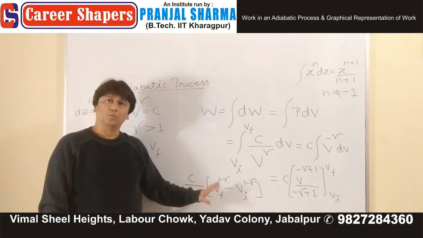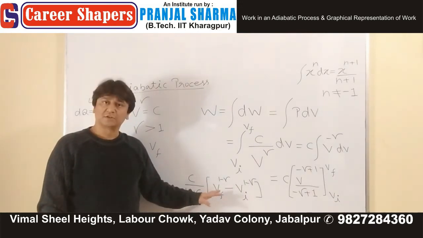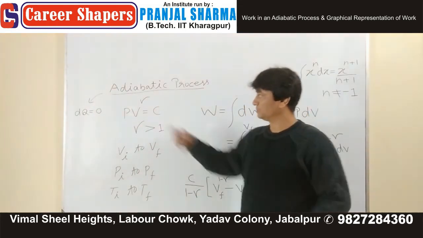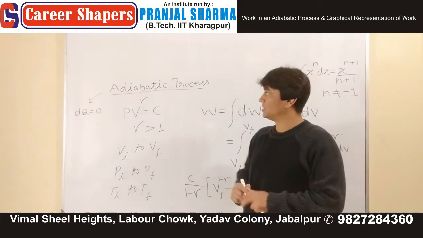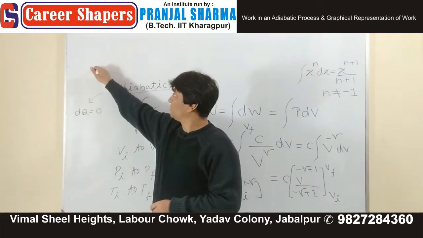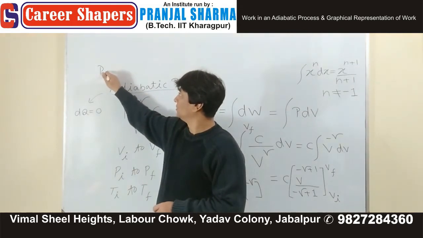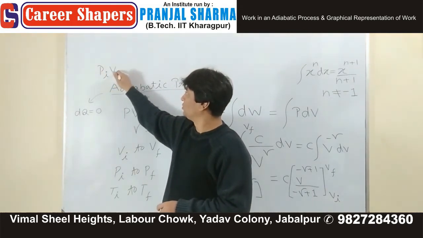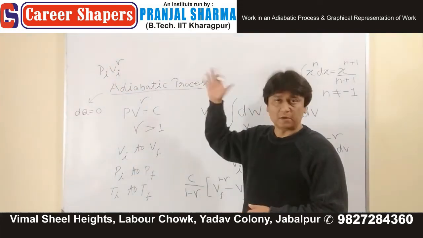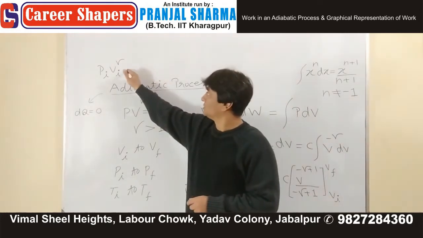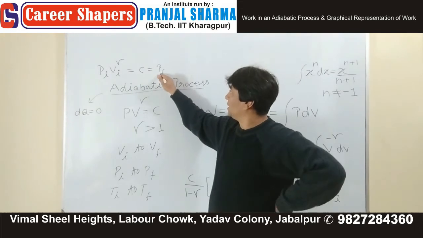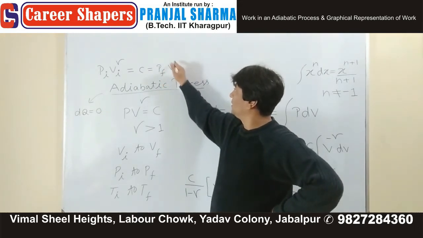Now, how do you further simplify this? Look at this. When you say PV gamma is constant, what does it mean? It means this. When pressure is P initial, volume is V initial, adiabatic constant gamma, whatever that be, and this is C. But it is also P final, V final, gamma.